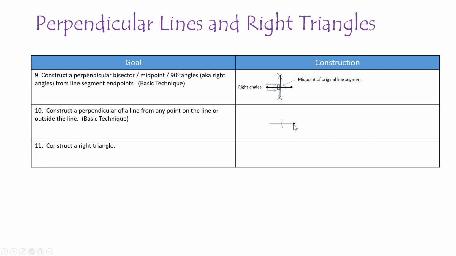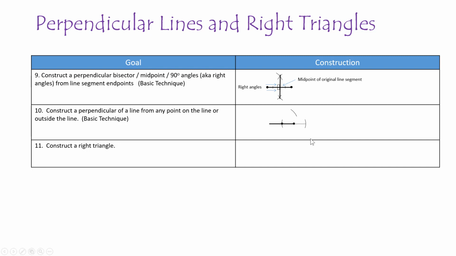So the first thing you do is you put the sharp end of the compass down where you want the perpendicular line, and then you set it to whatever you want and make a cut on the line segment. Now you make another cut just opposite that, and you may need to extend the line segment so you go out to that other cut. Okay, now you do a perpendicular bisector. So you set it a little more than halfway.